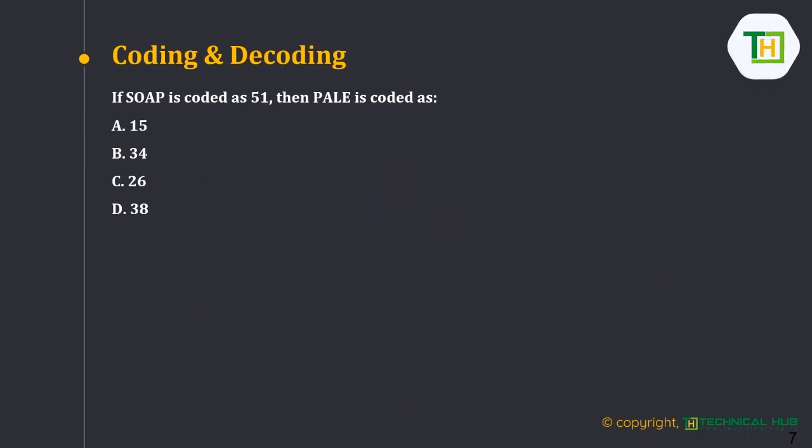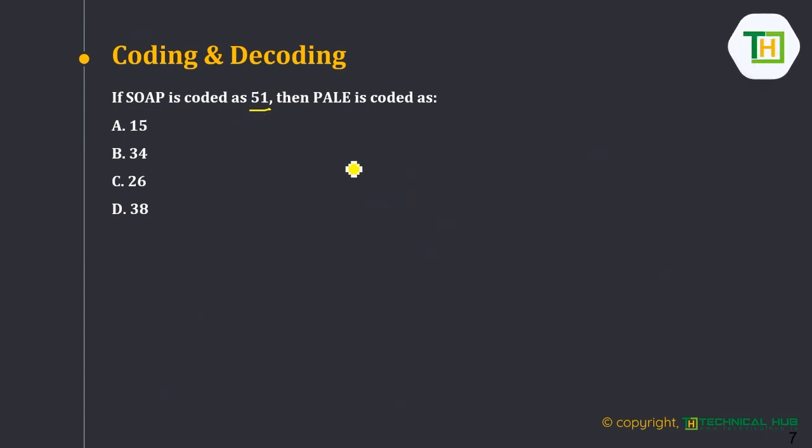If SOAP is coded as 51, then PALE is coded as what? Here instead of giving letters, they have given a number. SOAP is a 4-letter word and 51 is a 2-digit number. That means they didn't use 1 digit for 1 letter, so they have used another logic here.